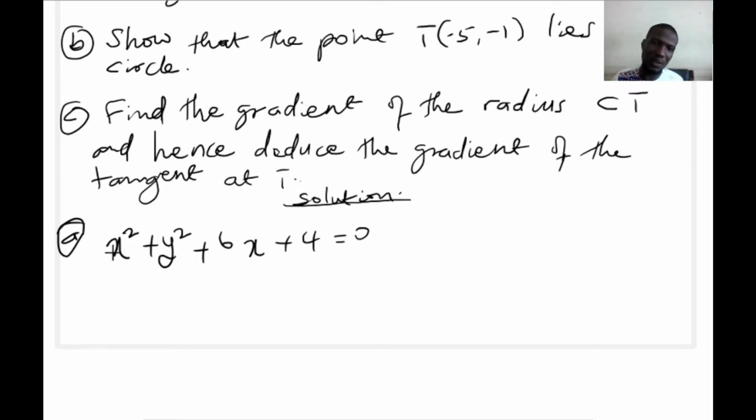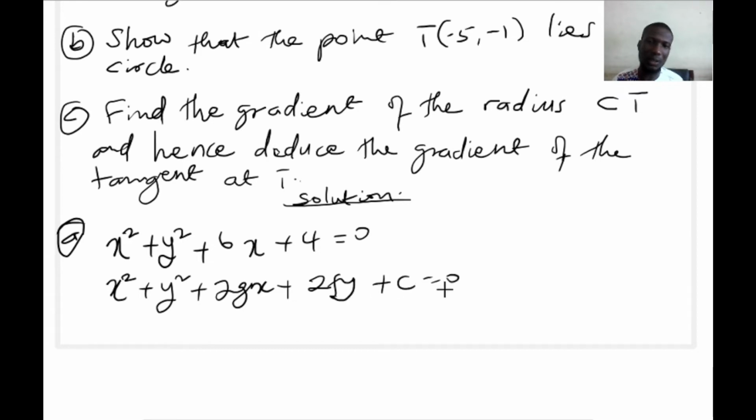To find the center of the circle, we have to compare with the general equation of a circle, which is x squared plus y squared plus 2gx plus 2fy plus c equals 0. So by comparing, 2g will give us 6. Dividing both sides by 2, g will be equal to 3. And then 2f will give us 0 because we don't have the y terms here.